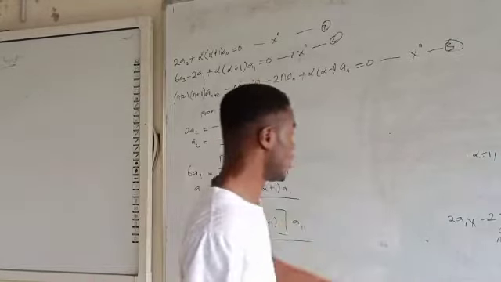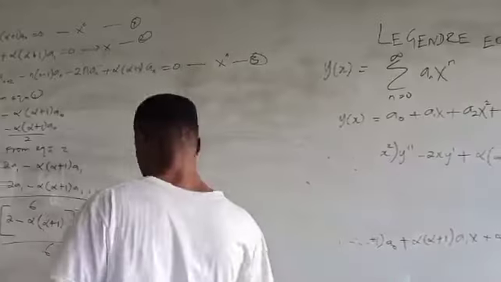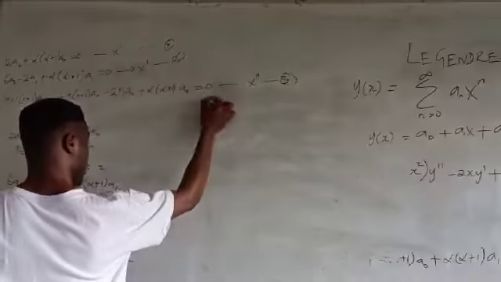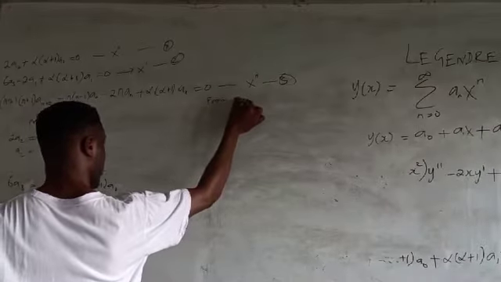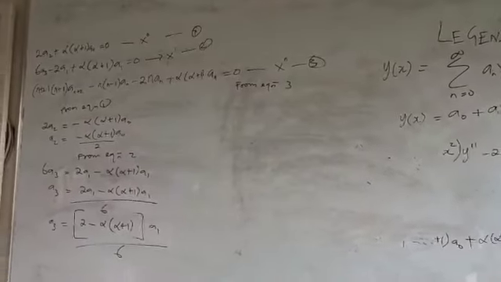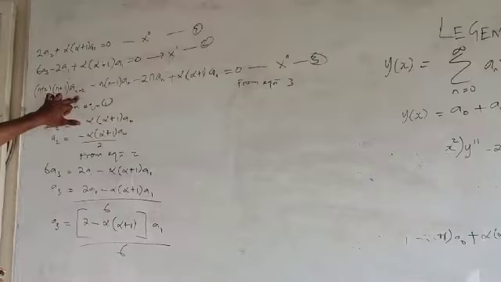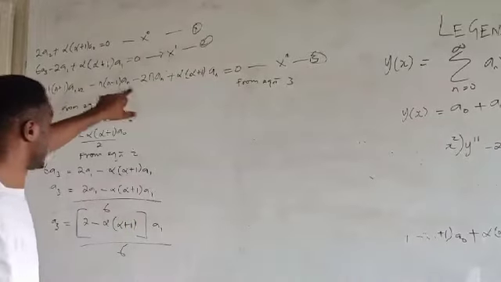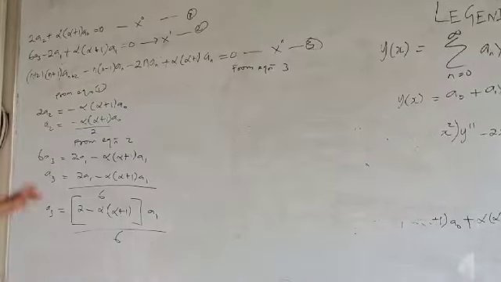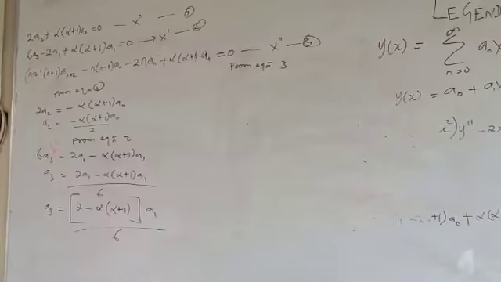So now from equation 3, which one are we going to make the subject of the formula? As you can see, n plus 2 is greater than n. So we are going to make a subscript n plus 2 the subject of the formula.